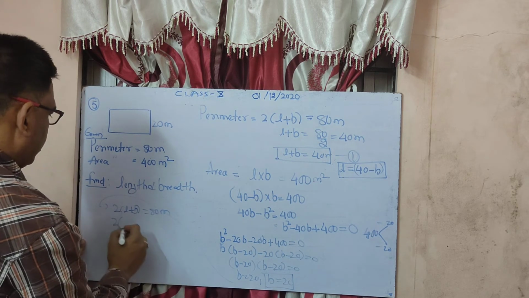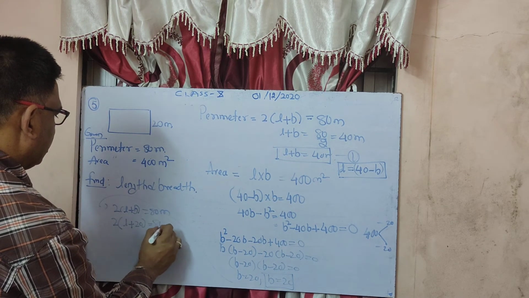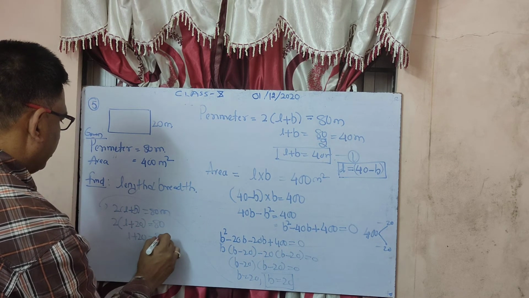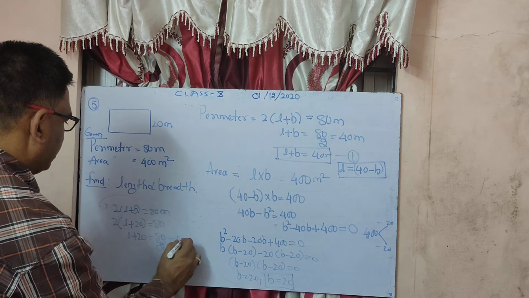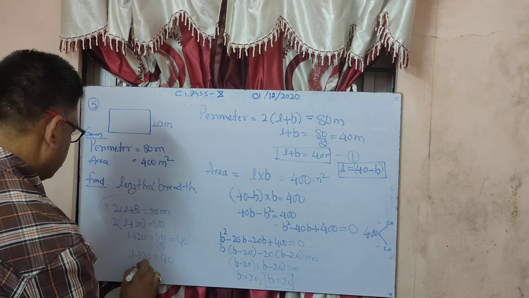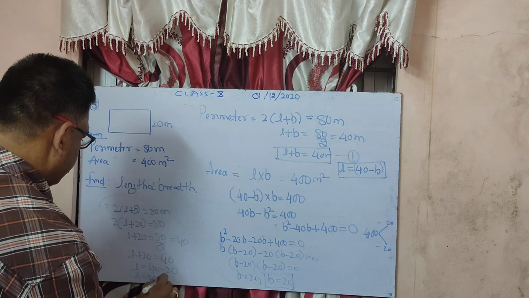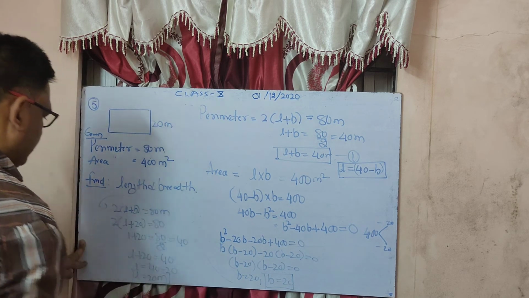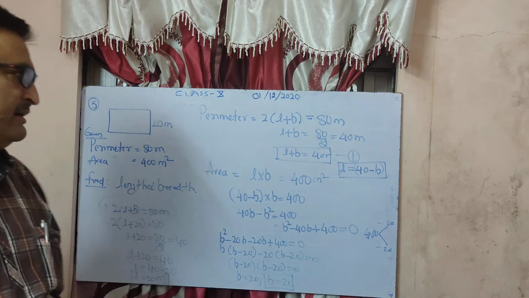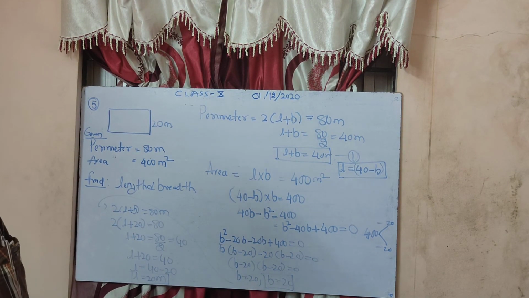B is 20 meter, so L plus 20 is 80 divided by 2, that is 40. So L is 40 minus 20, that is L equal to 20 meter. So even the length is 20 meter and the breadth is 20 meter. This is how this example will be solved.